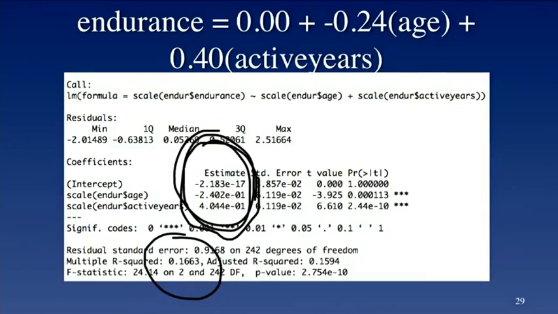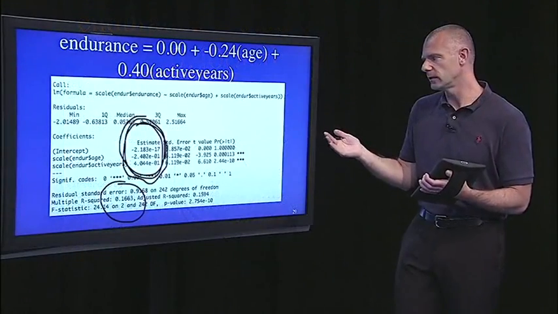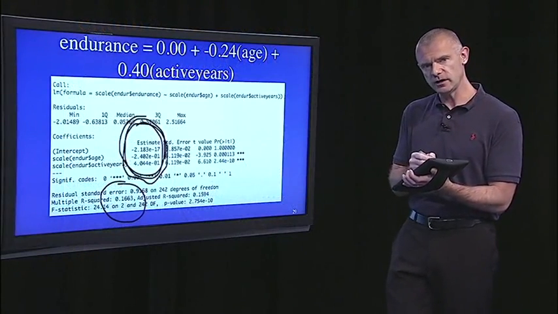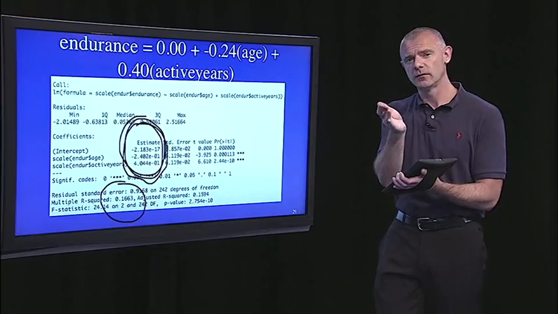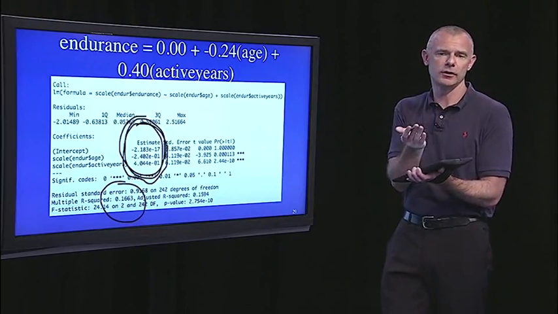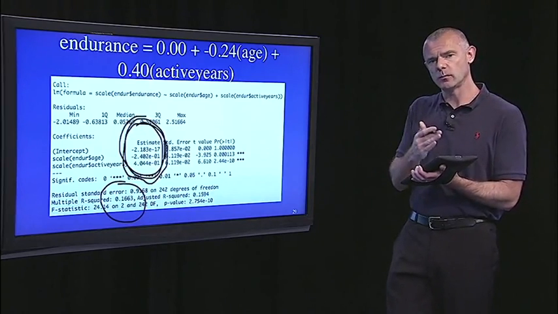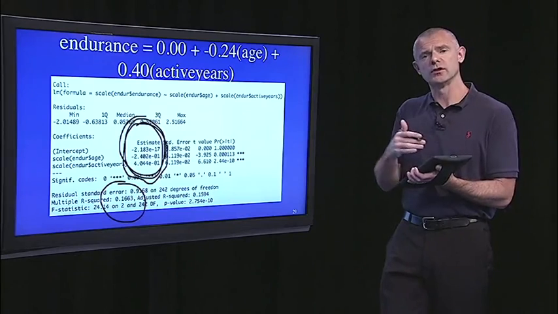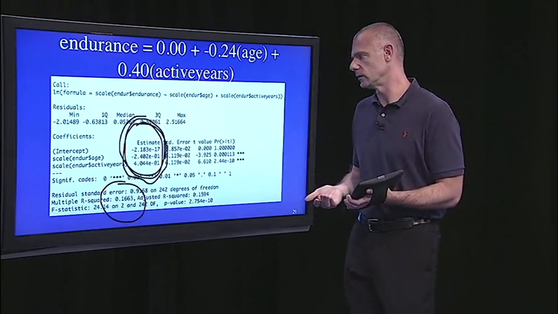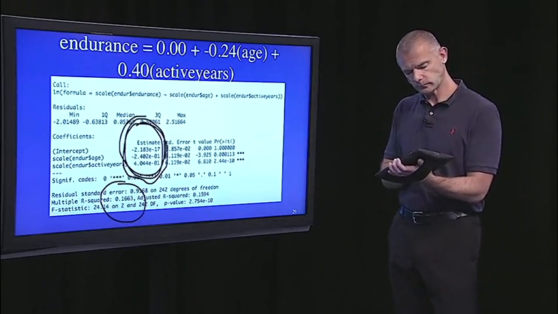So this is now the slope of active years relating to endurance for someone of an average age in this sample. And likewise, this is the relationship between age and endurance for someone who's of an average amount of active years of exercise. That's the way to interpret the regression coefficients when there are multiple predictors in the model.